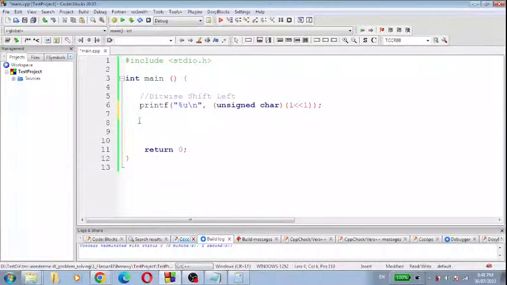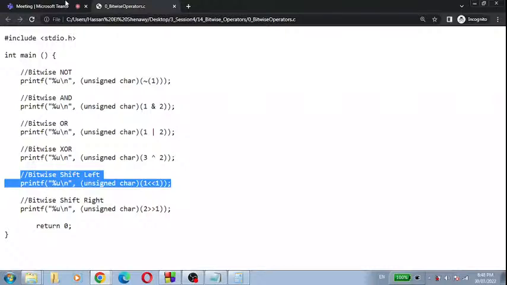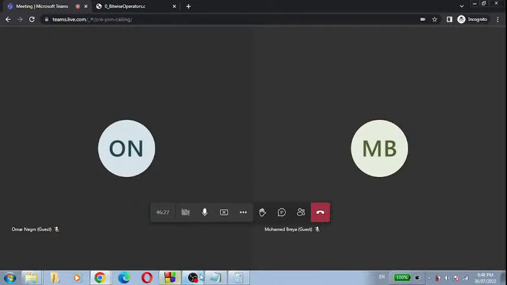So let's get back to here. Here I want to shift the number 1 to the left by 1. I'm going to put some spaces here to make it easier. I want to shift this number 1 by the amount of 1 bits.